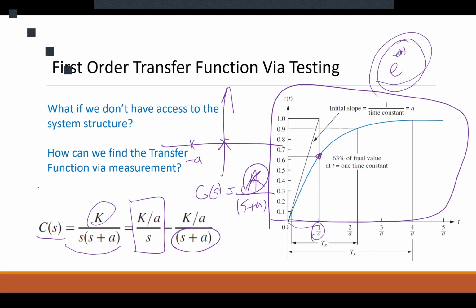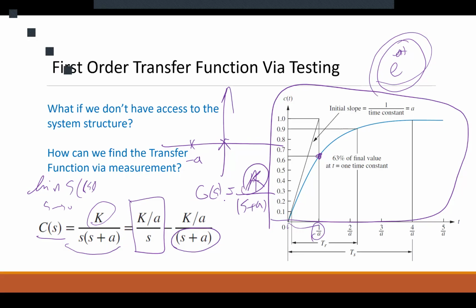This one is the limit of S times C of S when S goes to 0, where these cancel each other out. When S goes to 0 it is K over A. Are we good? And this one is S plus A times C of S, which is K over S, when S goes to minus A, which is minus K over A.